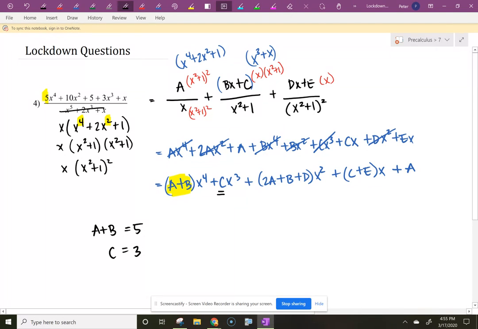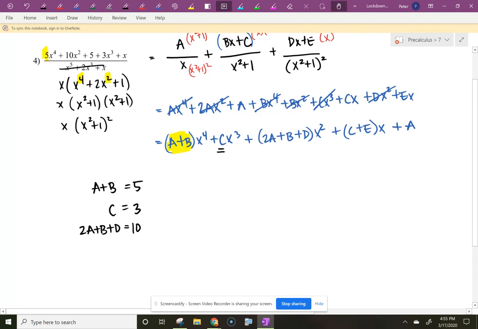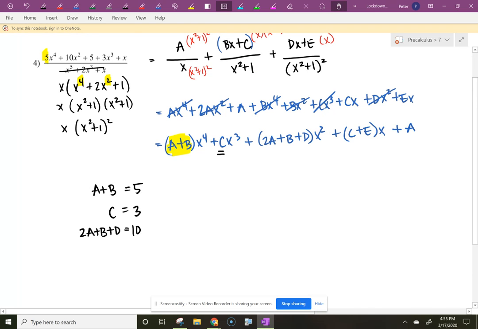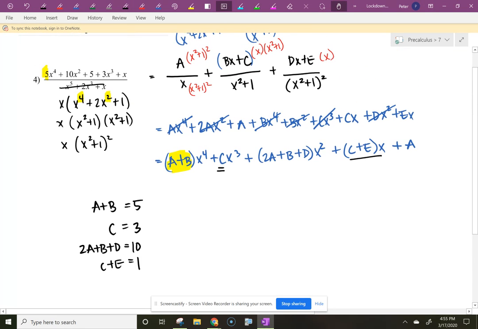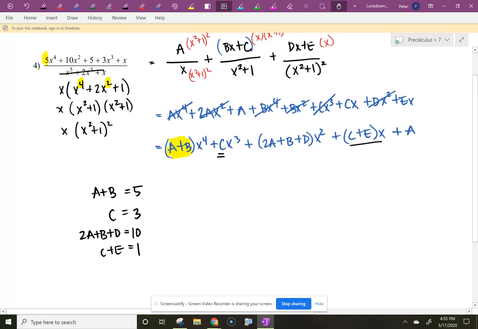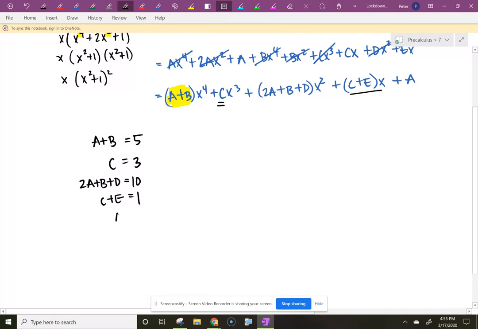I know that, yuck, 2A plus B plus D is going to equal whatever's in front of x squared, which is 10. I also know C plus E is equal to 1 because of this. And A, the constant, is 5. So that, I think, gives me a lot of info, right?